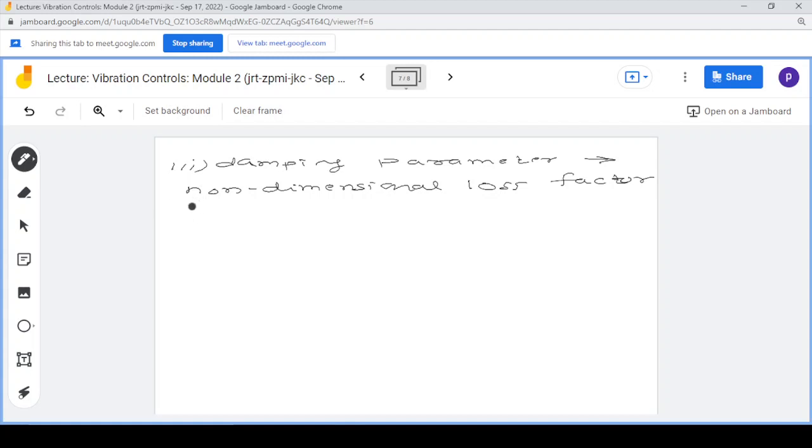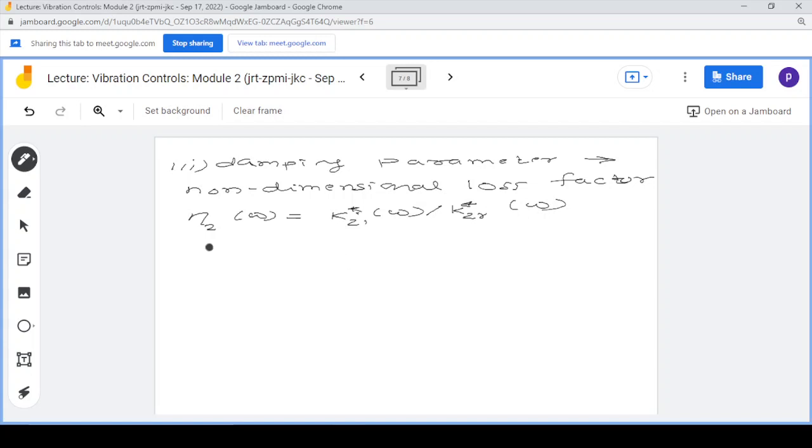Now you will be able to solve those numericals, MCQs also, which were based on the loss factor. How is it denoted? It is denoted by eta 2 of omega, and that is equal to K2I star, which is dependent upon omega, divided by K2R star, which is also dependent upon omega.